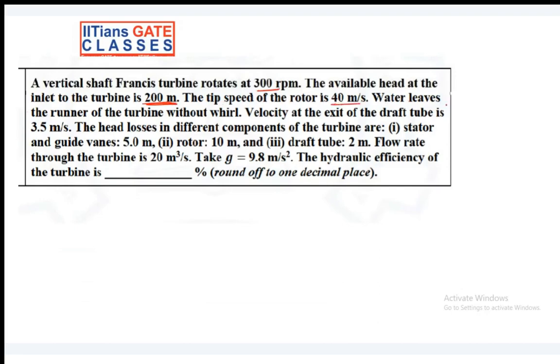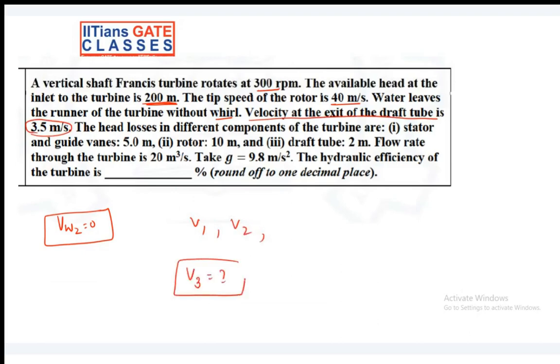Water leaves the runner of the turbine without whirl. Without whirl, what do we mean? That VW2 is 0. Then it says the velocity at the exit of the draft tube is 3.5 meter per second. If we term V1, V2, then which value is given to us? V3. We have seen that at the exit of the draft tube the velocity was V3.